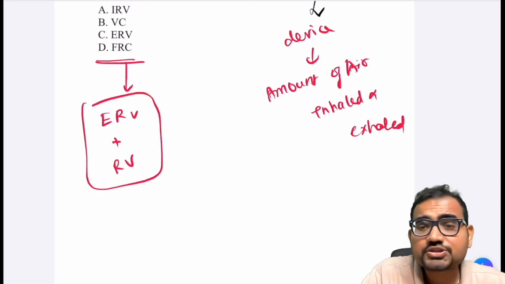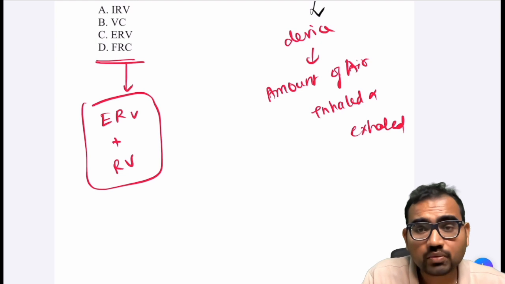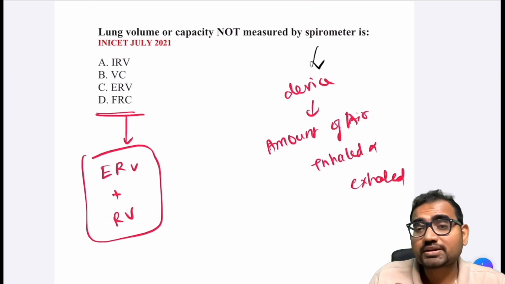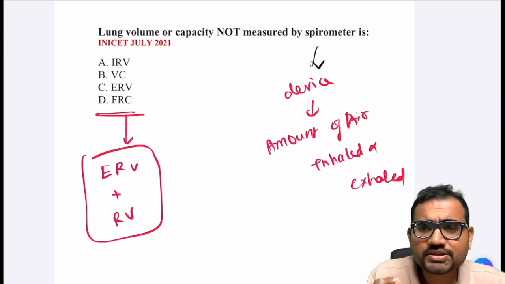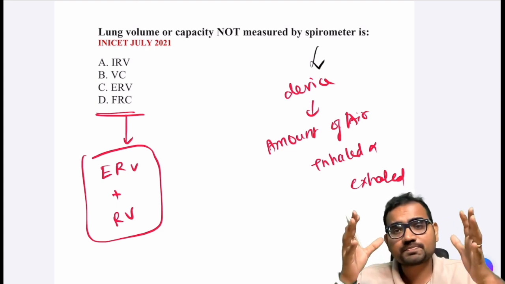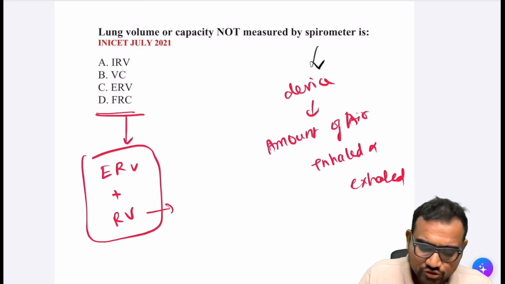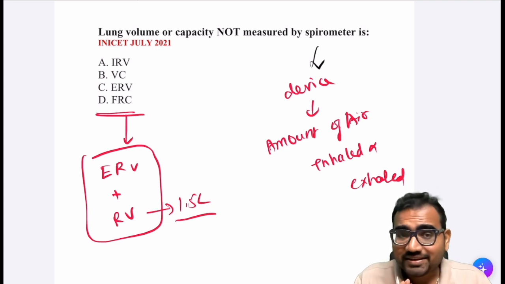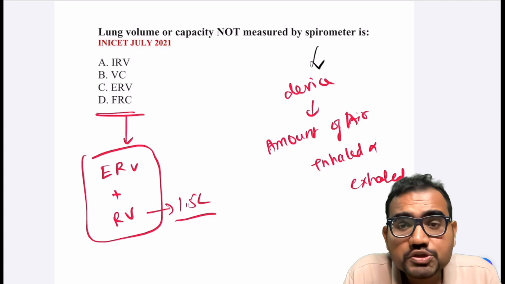As I told you, the spirometer can measure the air which can be inhaled and exhaled. It cannot measure the air which is present inside the lungs. What is residual volume? The amount of air which is present inside the lungs after forced expiration. It measures about 1.5 liters. As a result, functional residual capacity cannot be measured by a spirometer.